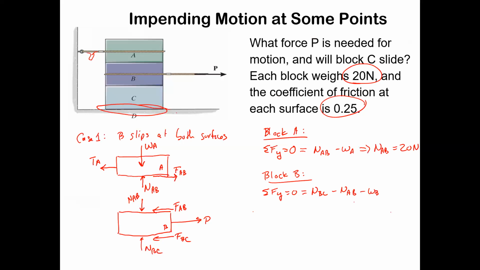Oops, there's a weight. Got to add another force on this thing, adding a WB to block B, its own weight. And therefore, we can find that NBC equals 40 newtons, just by the fact that it's got 2 blocks above it. That's what that normal force is dealing with.